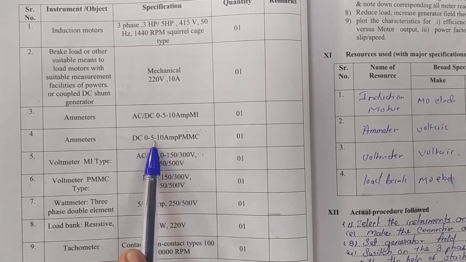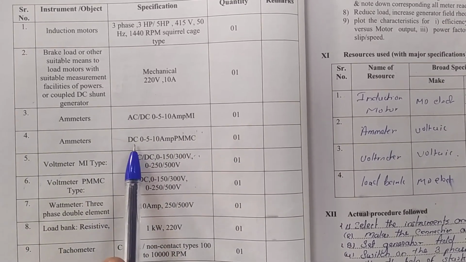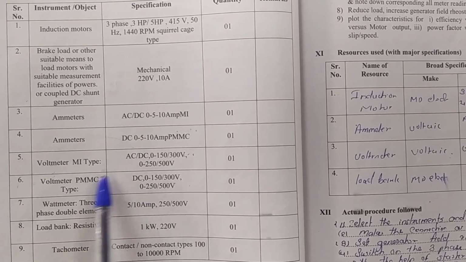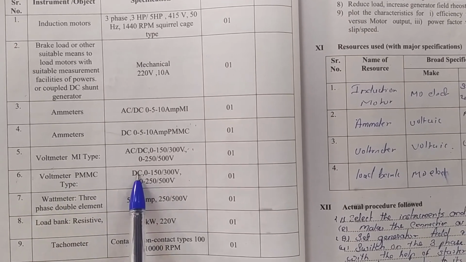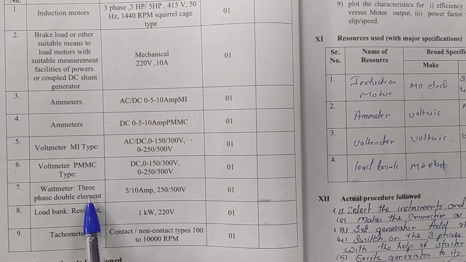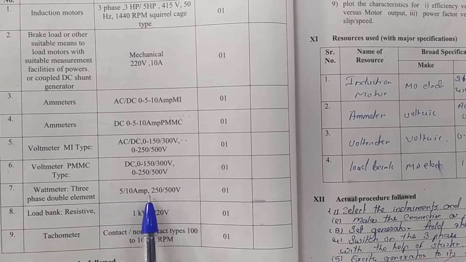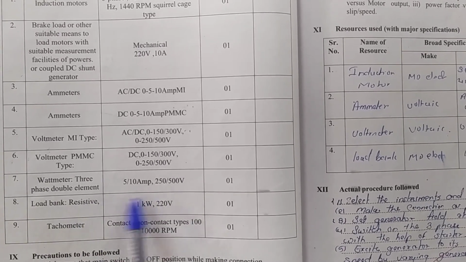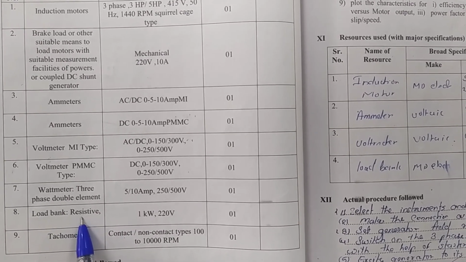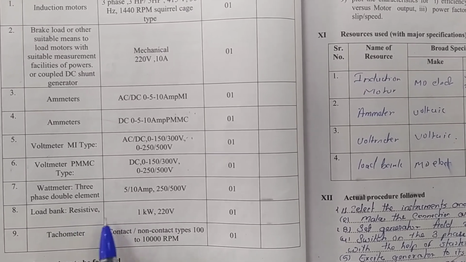Ammeter DC 5 to 10 A, one quantity, connected to the generator side. Voltmeter MI type for measuring AC voltage, voltmeter PMMC type for measuring DC voltage. Wattmeter: we connect 2 wattmeters, 5 to 10 amperes, 50 to 500 volts pressure coil voltage. Load bank: a resistive load bank; here we are using a lamp bank as the resistive load bank.